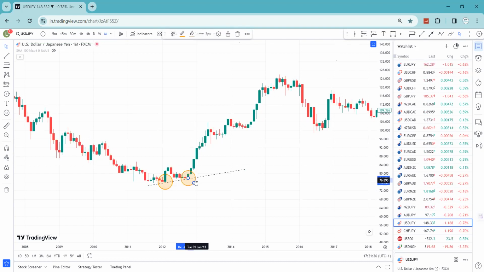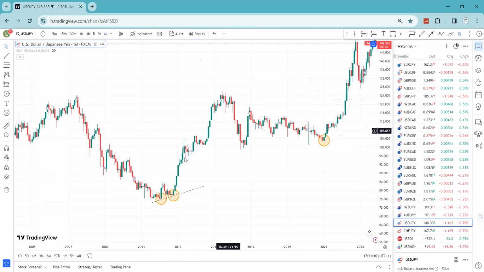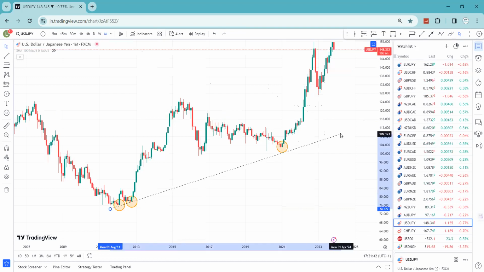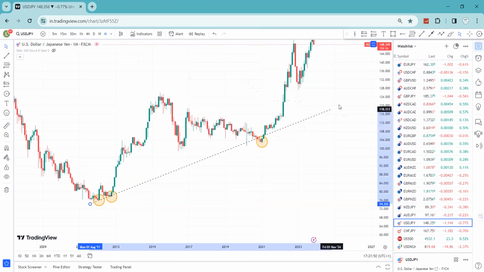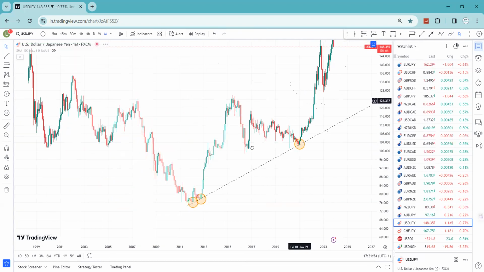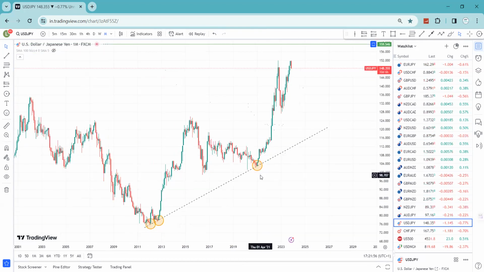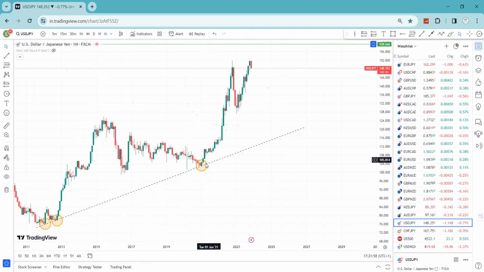So apparently here, I also have considered this zone here. Now let's go. And of course, I'm aiming for this level here, right? So this is my trend line that I have drawn. Now, is this trend line valid? Yes, if it's not valid, we will probably not have a massive bullish movement to the upside here.